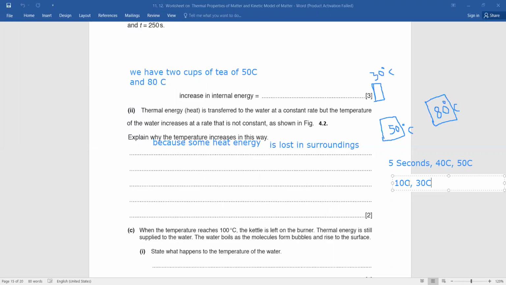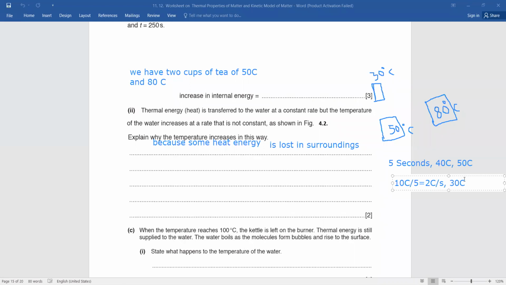If you divide by 5 seconds, how much is coming? 10 divided by 5, how much is the rate? 2 degrees Celsius every second, right?